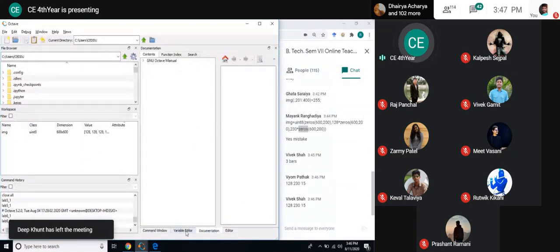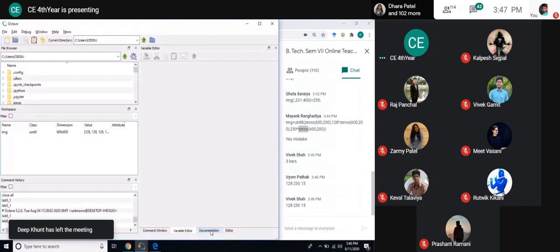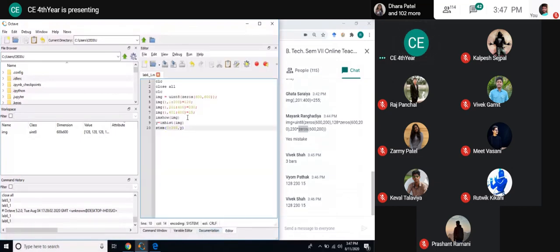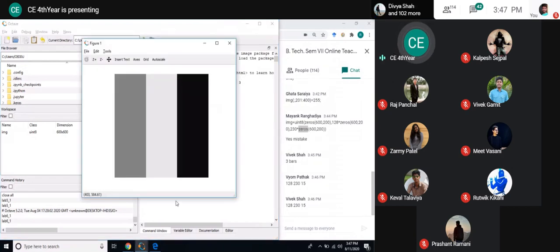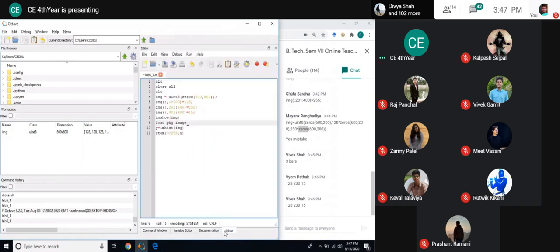Okay, imlist is not defined here, so we need to load the package. I should load the image package.